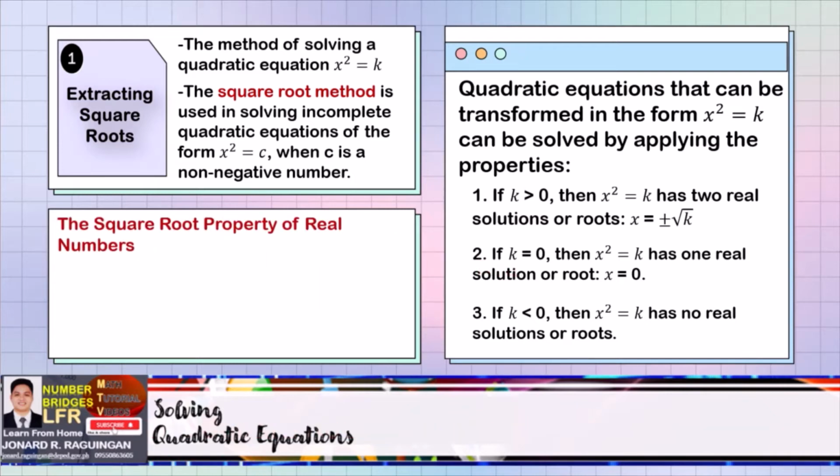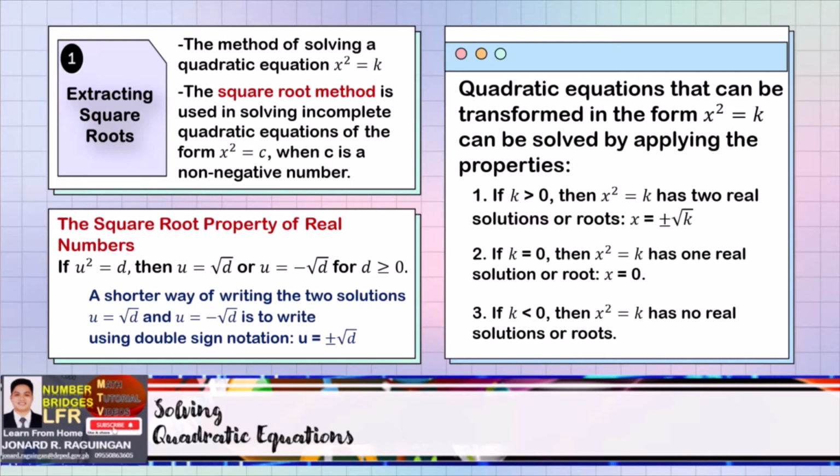The square root property of real numbers states that if u squared is equal to d, then u is equal to the square root of d, or u is equal to the negative square root of d, for d greater than or equal to 0.